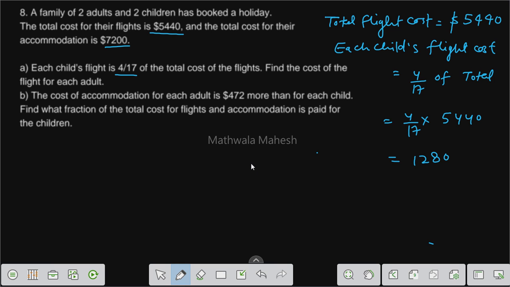And there are, find the cost of, okay, there are two children.